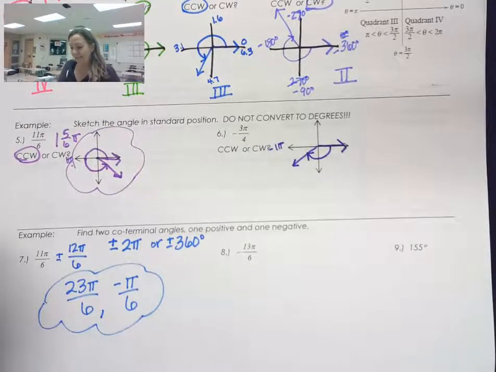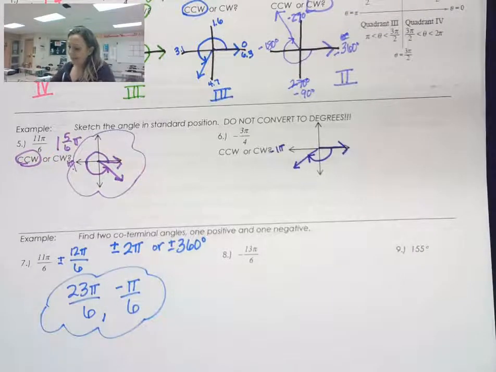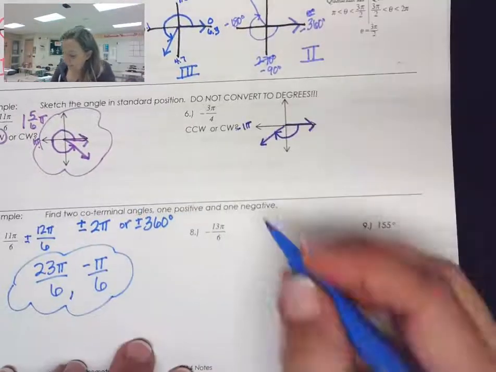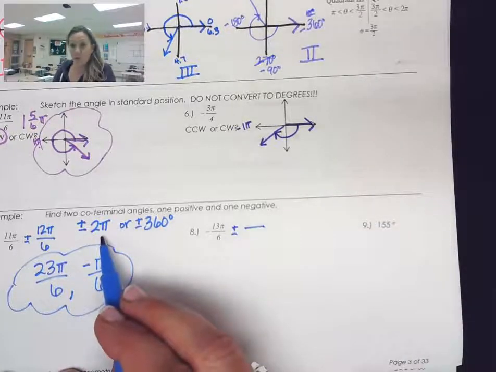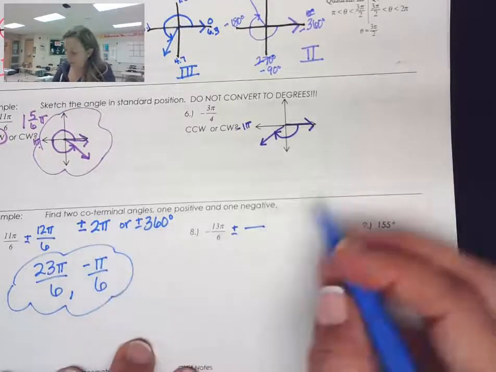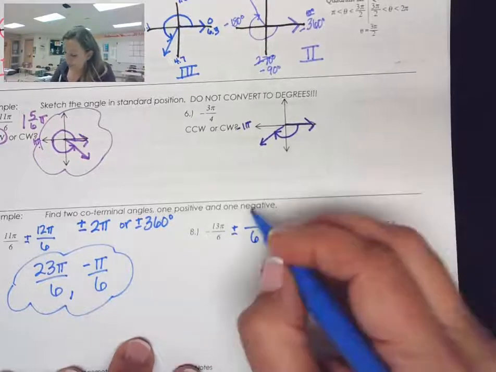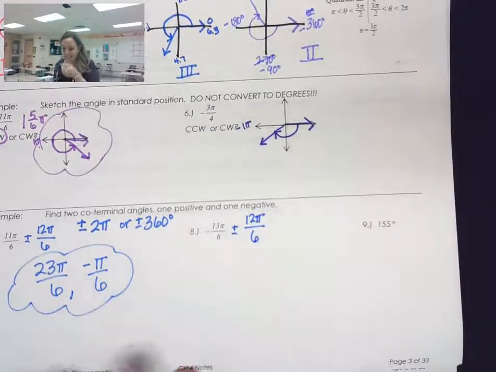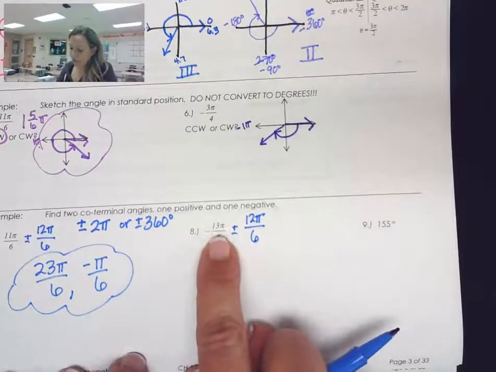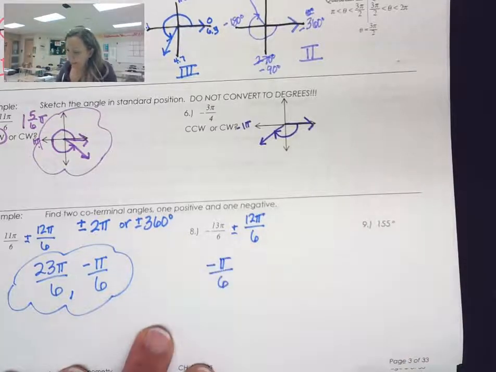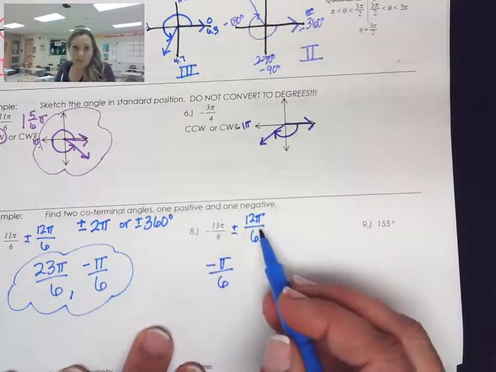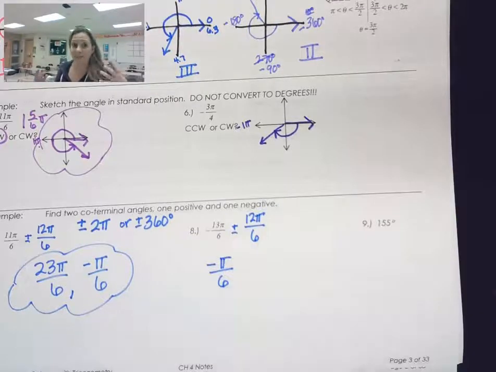Let's do the same thing in example 8. I have negative 13 pi over 6. So again, I need to add and subtract a form of 2 pi that has the denominator of 6. And, okay, this one's kind of lame. I get 12 pi over 6. So let's take a look at what happens when we add 12 pi over 6. That gives us negative pi over 6. But notice when we subtract 12 pi over 6, we get another negative angle.